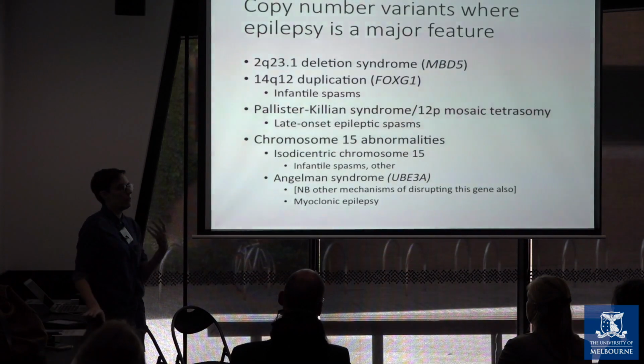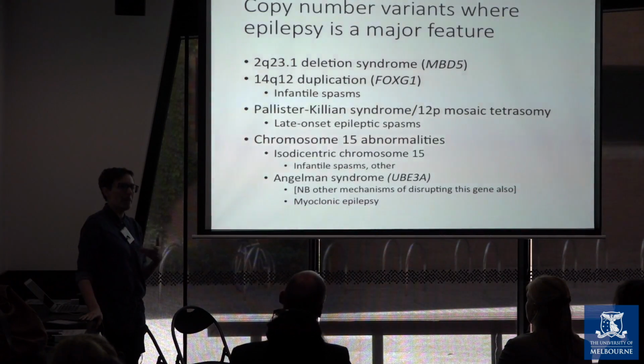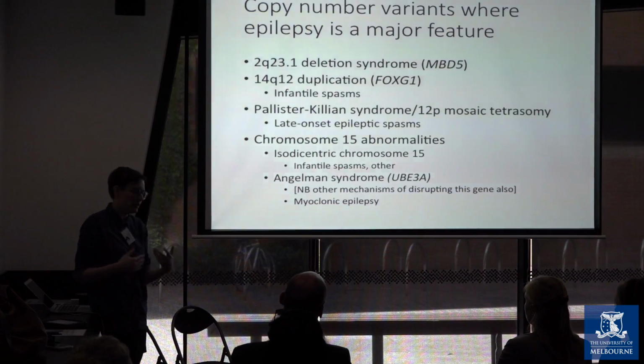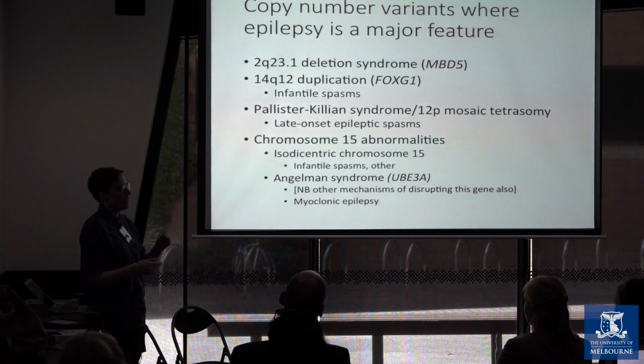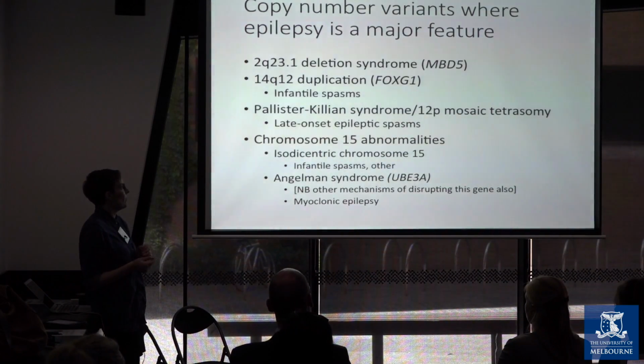So if your child has a condition where we don't have that information, it can be kind of difficult sometimes to manage the epilepsy, because we don't have a lot of guidance as to what has worked for other children. We certainly have very standard approaches of how to deal with that, which depend on the type of seizures and the epilepsy syndrome. But some of the nuances that we see with the single gene conditions, or the better described ones, are missing for some of the copy number variants.